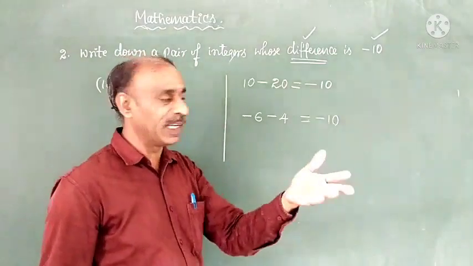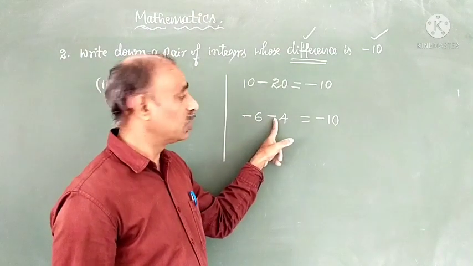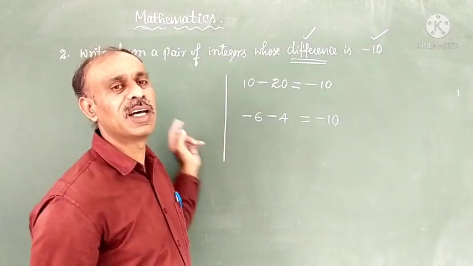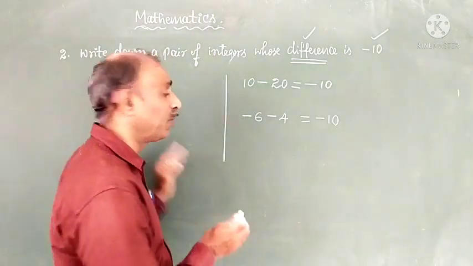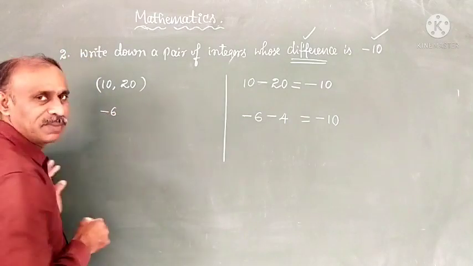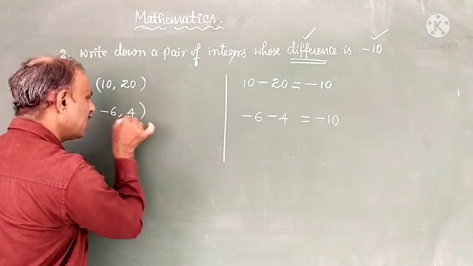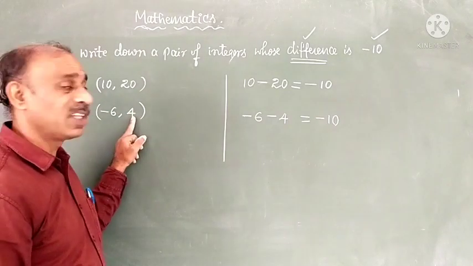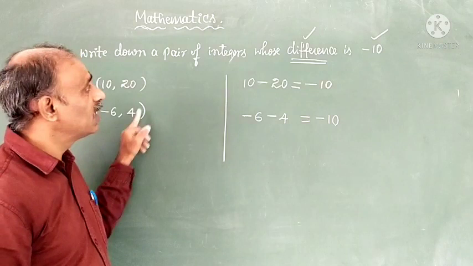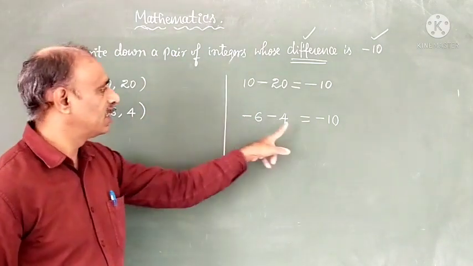However, I need minus. So therefore, minus only I need to use. Correct? So then which are the pair of numbers I am using here? Very simple. See, first number no change, minus 6. So which is the other number? Other number is 4. Right? 6 and 4 I used.